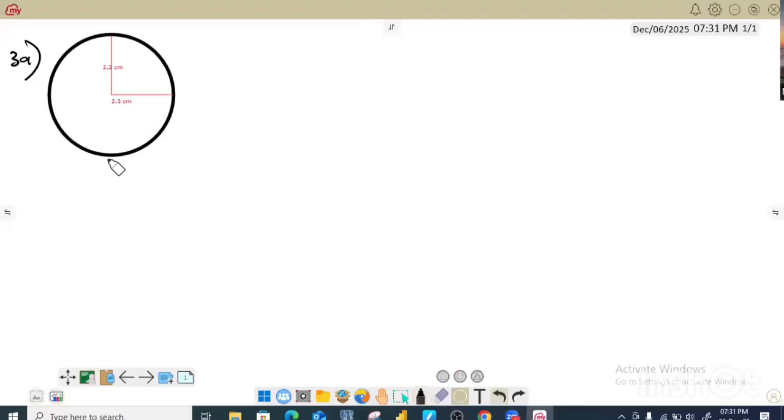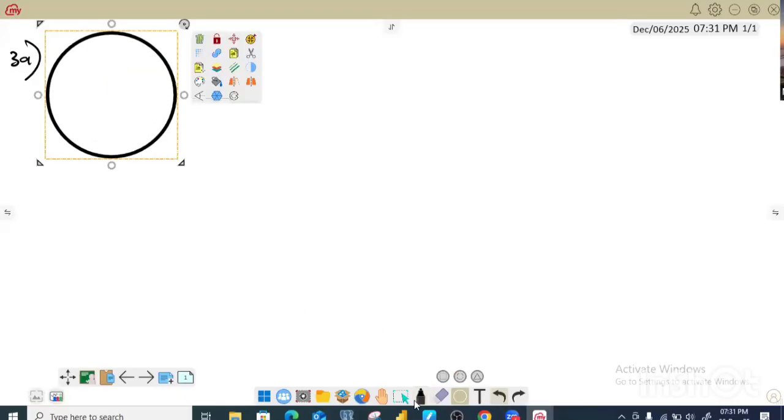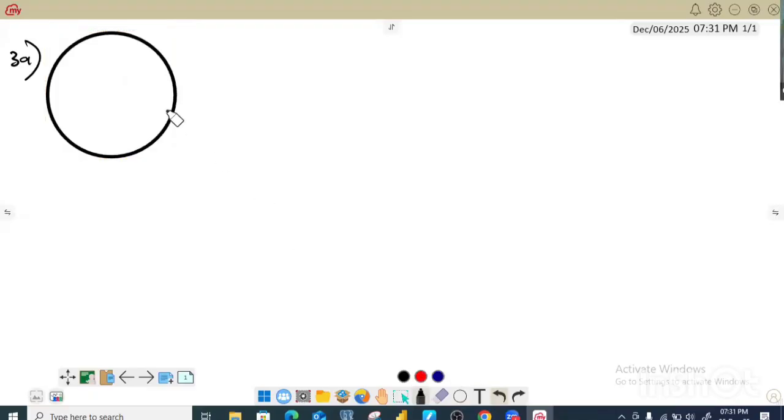We have the circle, and inside the circle are two different shapes.